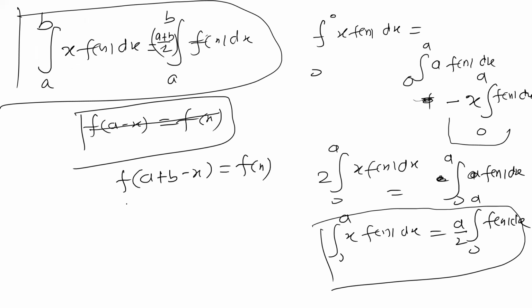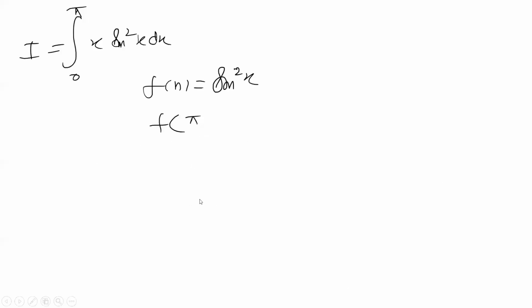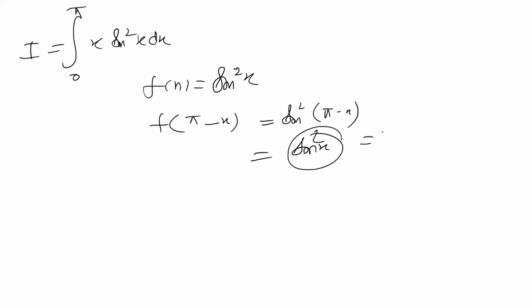It should be equal to the function itself, then we can apply this property. So here 0 plus pi minus x. So pi minus x, you will get sin square x, the same function itself. So hence we are able to apply this property.